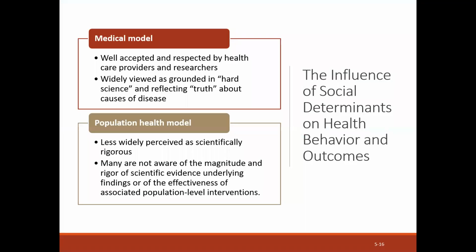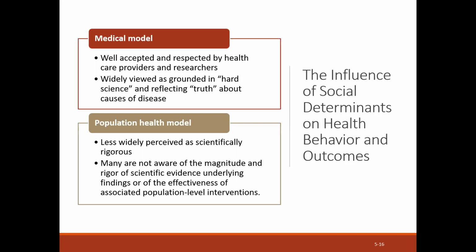We also want to look at the influence of social determinants of health on health behavior and outcomes. Looking at that medical model, we know it's well accepted and respected by healthcare providers and researchers. It's widely viewed as grounded in hard science, reflecting truth about causes of disease. When we look at the population health model, it's less widely perceived as scientifically rigorous.